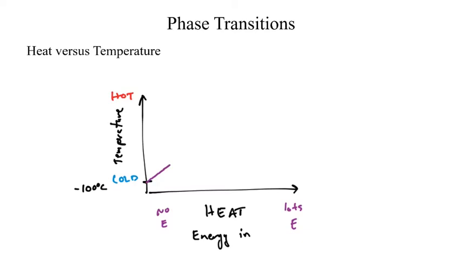Okay, as I continue to heat, though, eventually I'm going to hit the temperature of 0 degrees Celsius. Now what happens when I add heat? What's going to happen to the temperature? Okay, for those people saying, well, it's just going to continue to rise. Okay, does it though? If I take a block of ice and I slowly heat it up to 0 degrees Celsius, and then I continue to add heat, does the ice all of a sudden go up to 5 degrees Celsius?